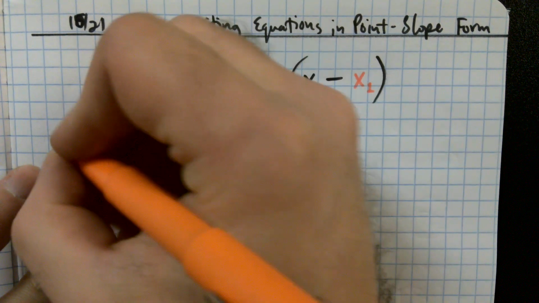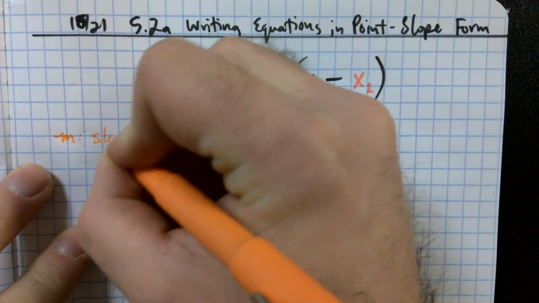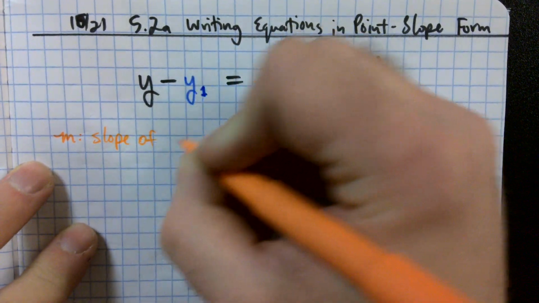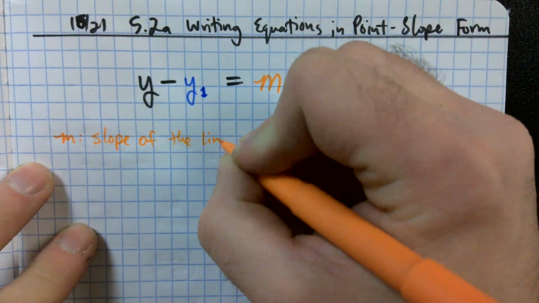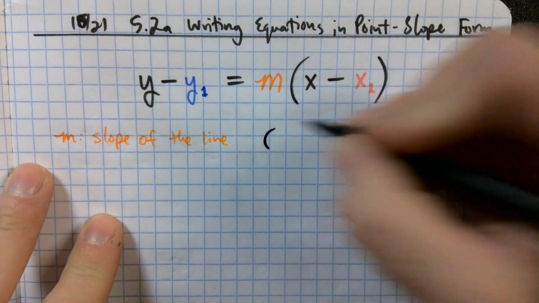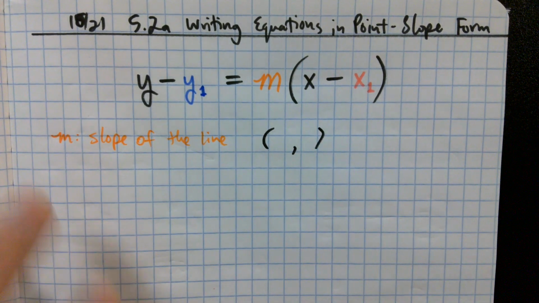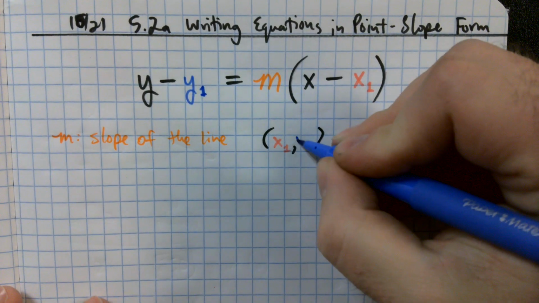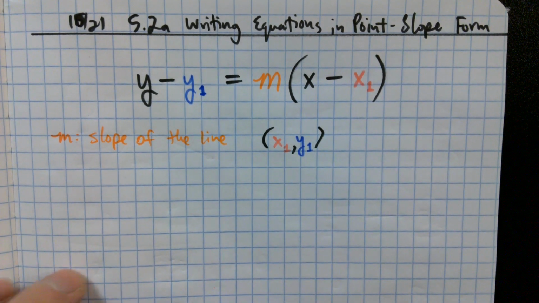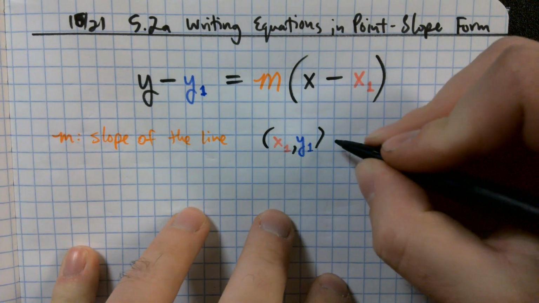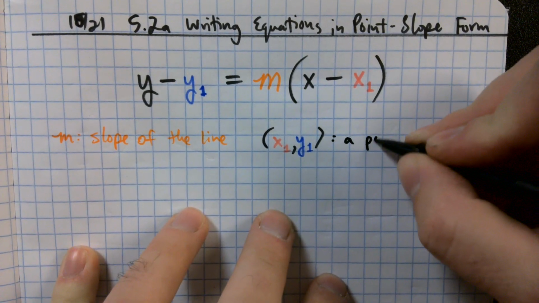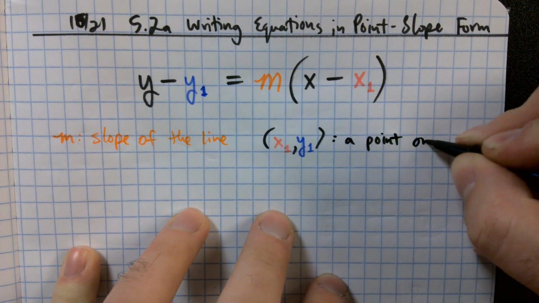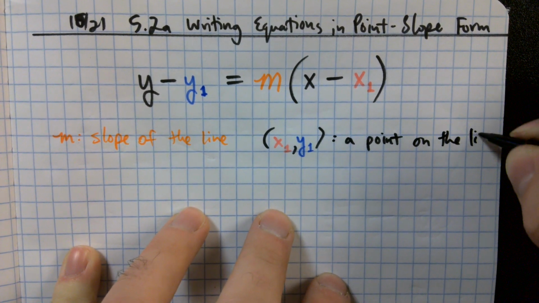In this formula, m represents the slope of the line, obviously. And x1 comma y1 represents a point on the line.